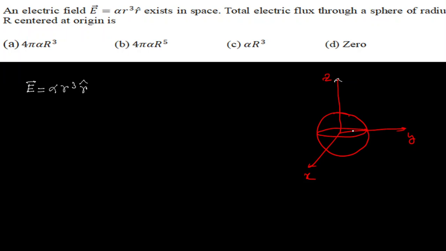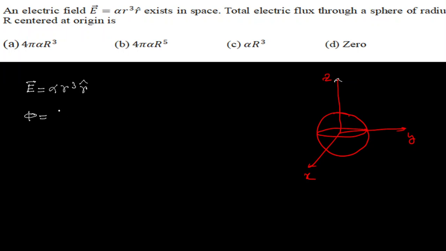In particular, in this case, we have an electric field given in the spherical polar coordinate system, and the surface through which we have to calculate the flux is also given in the spherical polar coordinate system. So if the examiner asks you to calculate the total flux, we can calculate this flux using a surface integral.